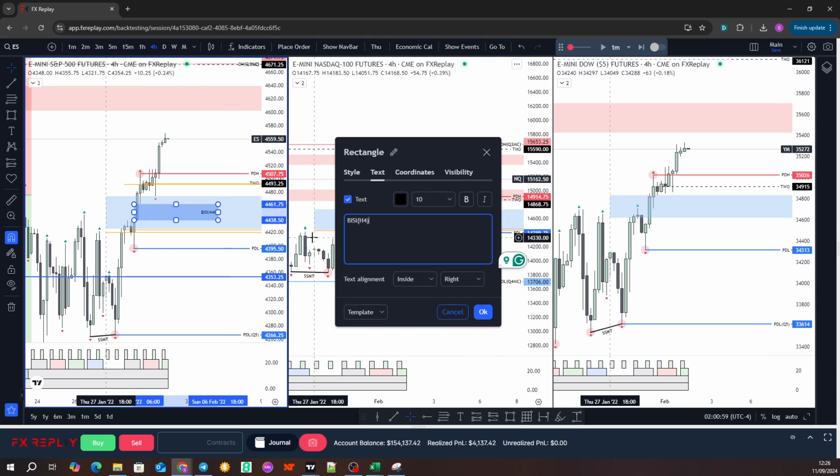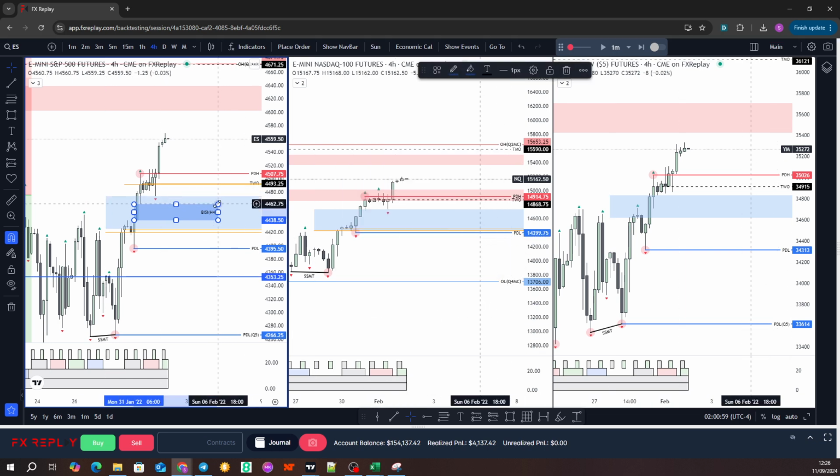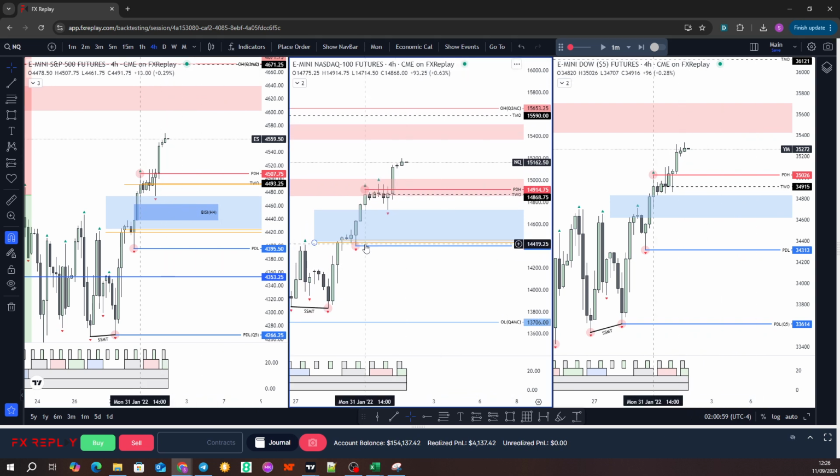Okay. And I will be doing the same on the other assets. Oh, let's just sit up. Let's get this looking a bit better.